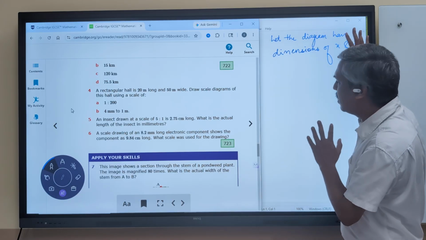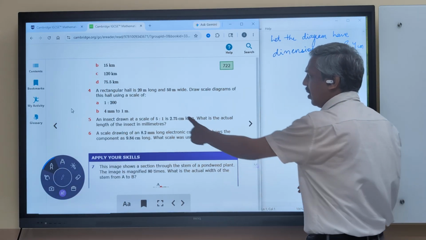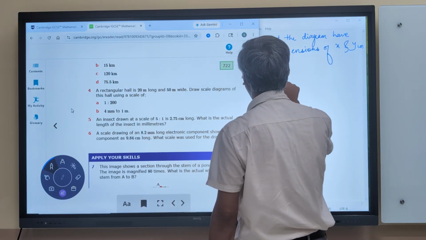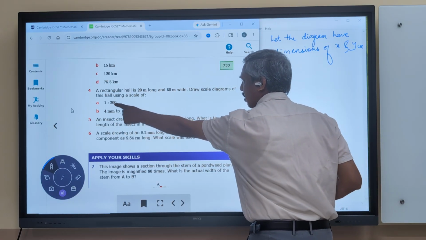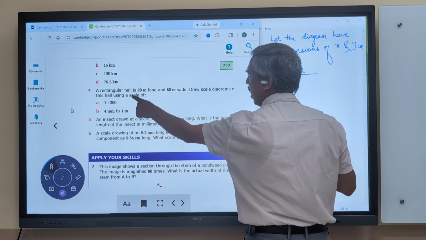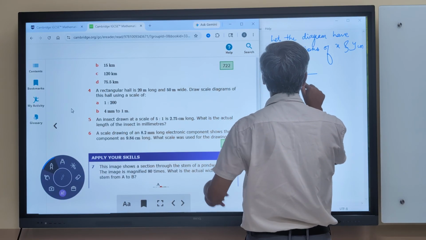I want this in centimeter. So 1 upon 200 is the scale, must be equal to x centimeter upon 20 meter.